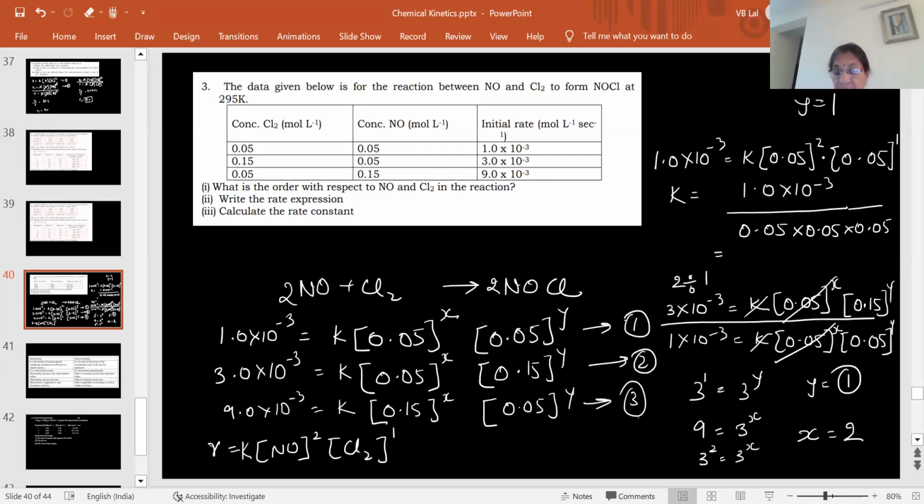So 1.0 into 10 raised to minus 3, so it is 0.001 divided by 0.05.